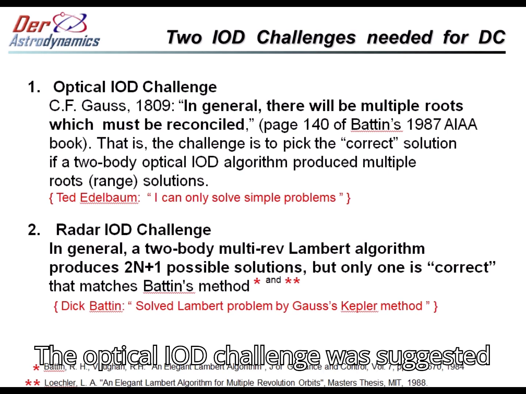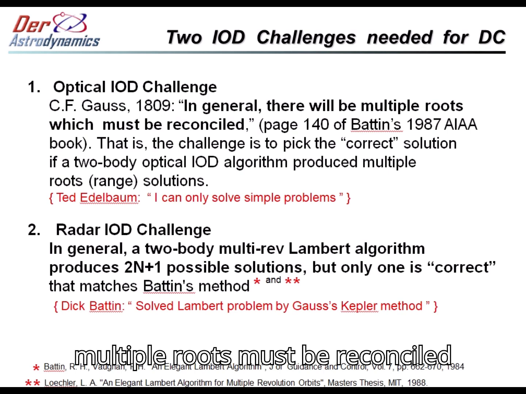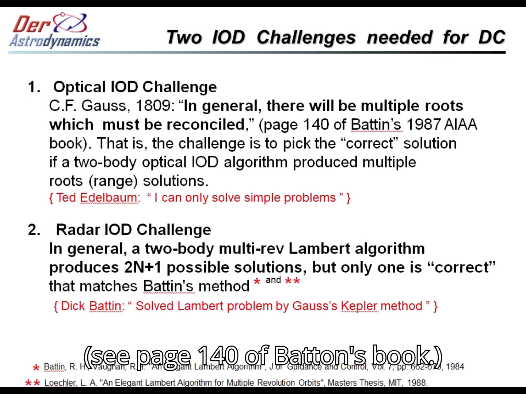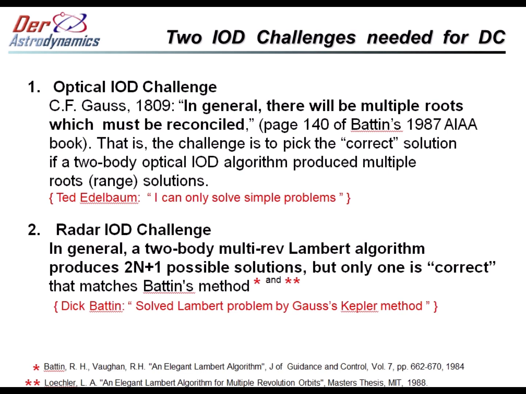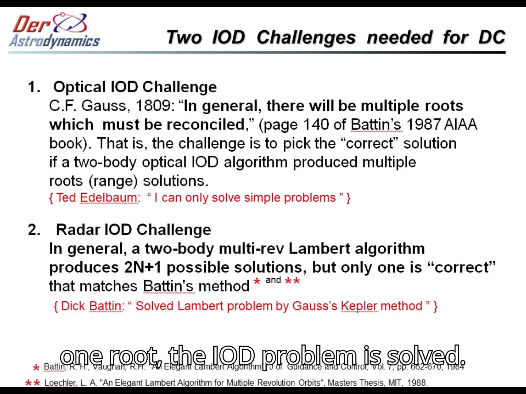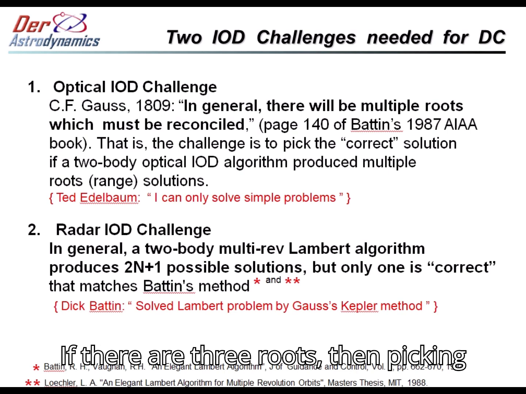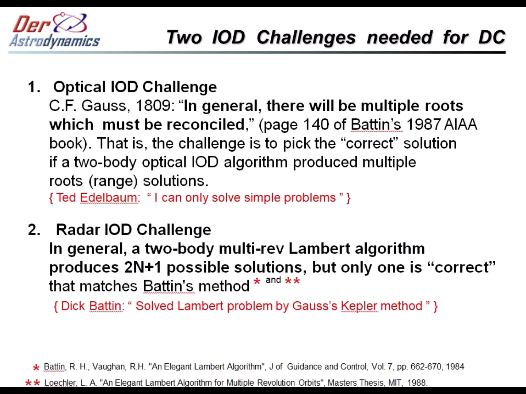The optical IOD challenge was suggested by Gauss in 1809 that the multiple roots must be reconciled. See page 140 of Battin's book. However, the classical rule of science reduced multiple to 1 or 3 roots. If there is 1 root, the IOD problem is solved. If there are 3 roots, then picking the correct root can be difficult.